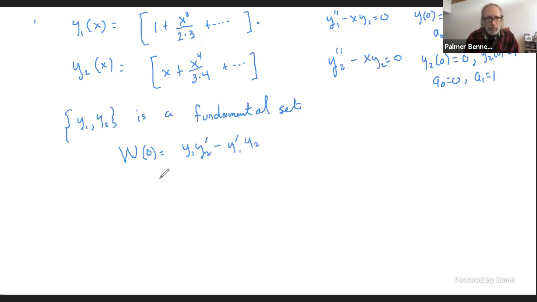Okay, and that's going to be, from here, we'll get 1 times 1 minus 0 times 0. Which is what? Not equal to 0. Okay, so the two series that we get actually represent functions which form a fundamental set of solutions for the differential equation. Any questions?